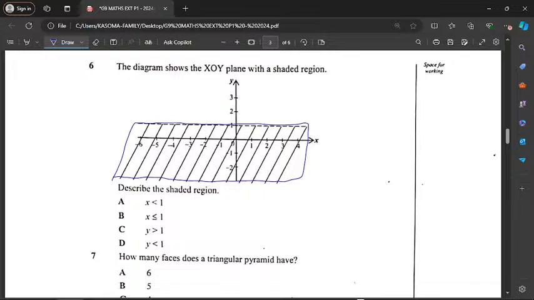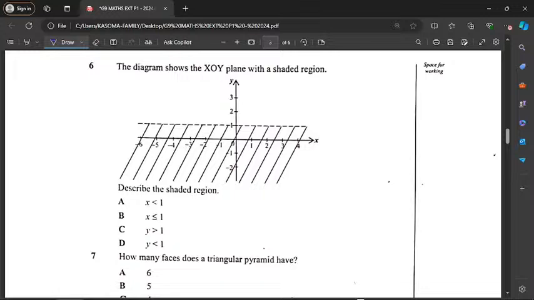When we look at the y-axis, we can see that the line on top is passing through positive 1. In case my drawings are confusing you, you can take a look at the drawings. So the shaded area is the area that is below 1. This means we can come up with an expression.